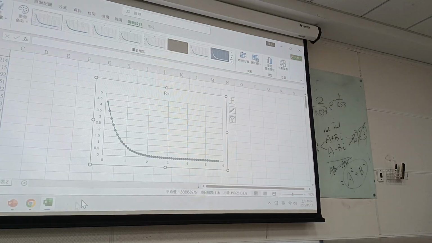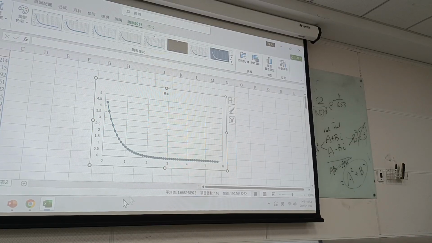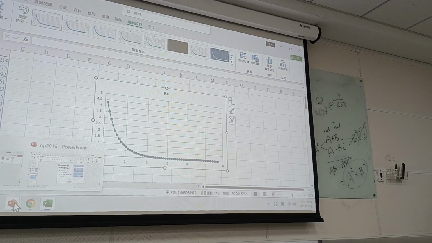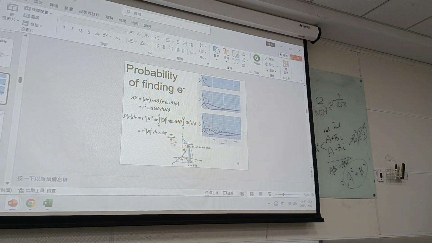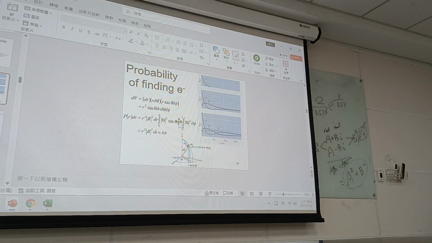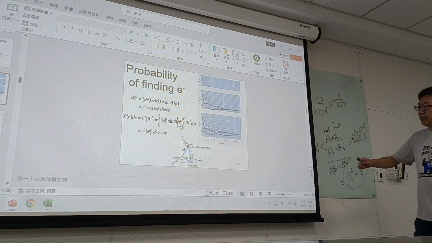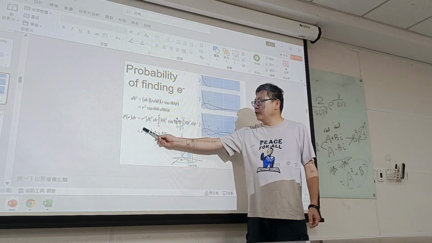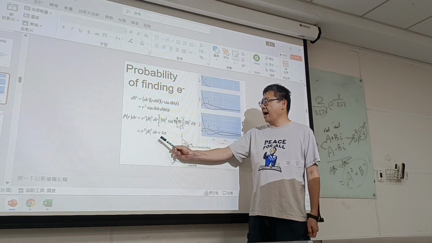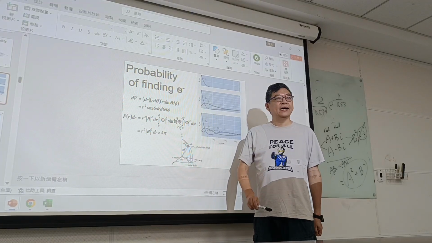But this is R. R is meaningless because what we need is not R. We need this one: probability equal to R squared dr times 4 pi.